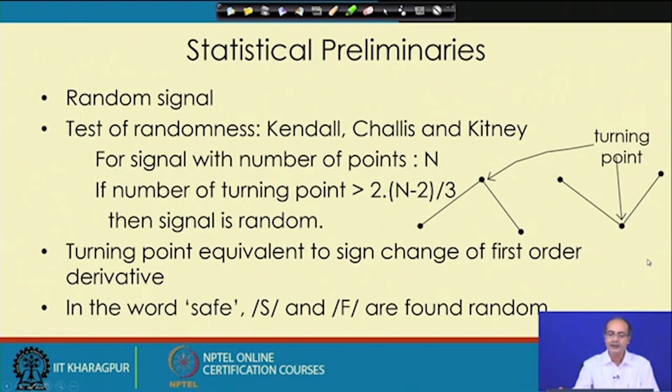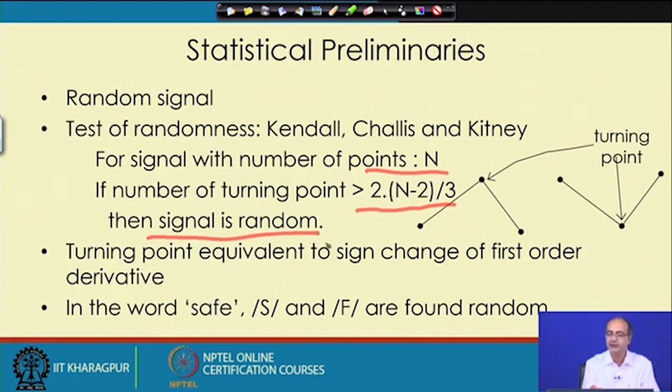What they have suggested is that for a signal with n points, if the number of turning points is more than about 2/3 of n minus 2, then the signal is random.